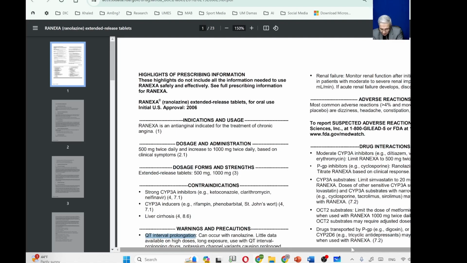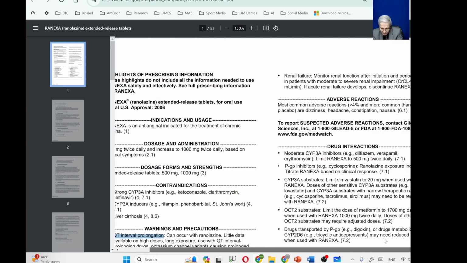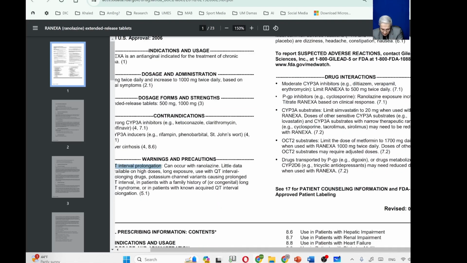What else? Speaking about drug interaction, you can see here this medication is metabolized by cytochrome 3A4. And what that means, I will speak about one thing only. For example, here they said simvastatin 20 milligram.